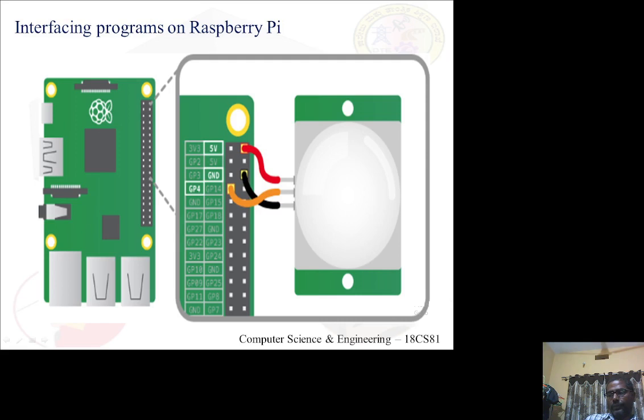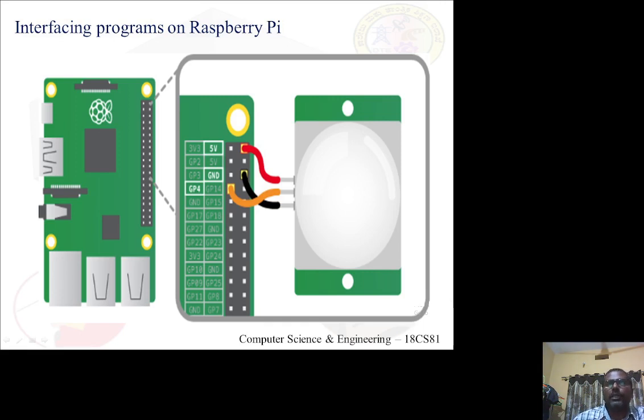Let me tell you, in the previous two programs, with the buzzer and LED, we dealt with input pins. Now here we are dealing with the output pin of the PIR sensor. In the PIR sensor there are 3 pins. One is black as ground, red is the 5 volt supply.